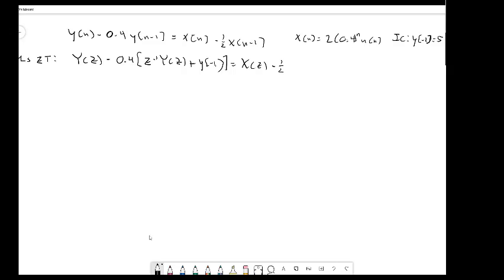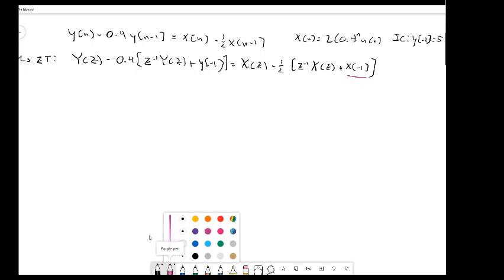And we have an x of n minus 1, so we'll apply the theorem to that as well. Z to the -1 x of z plus x of -1. So this is the new twist we have here, this x of -1 that we didn't have before. And what do we do with that?